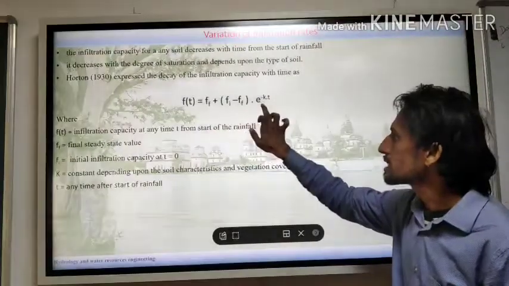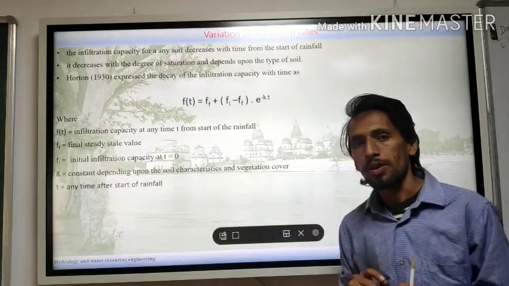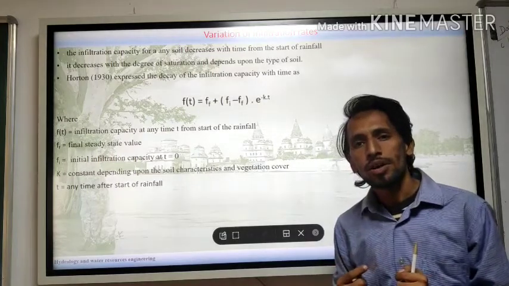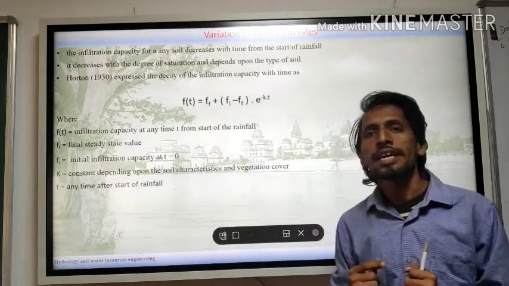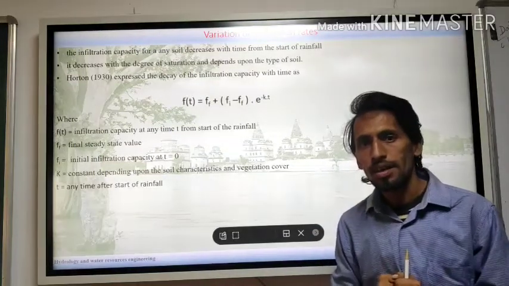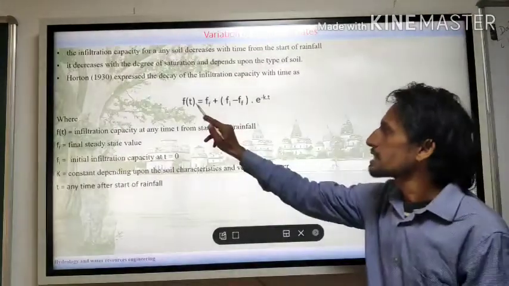You can see this is an exponential curve. The change of the infiltration rate is basically an exponential curve.